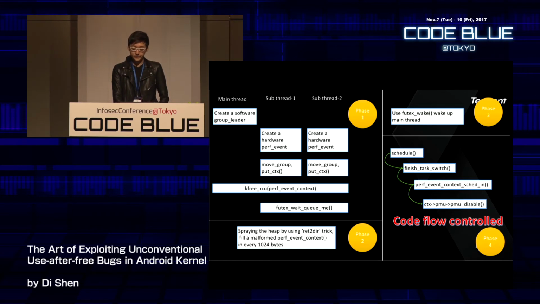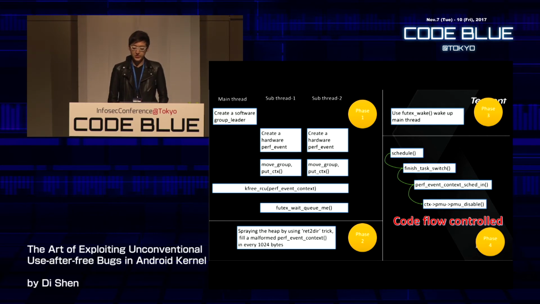And the function kfree RCU will free the object and trigger the use-after-free. Soon after that, there is a difference: the 2 subthreads need to call futex_wait_queue_me to freeze themselves, so that the kernel will not crash. That's very important for our full exploitation.